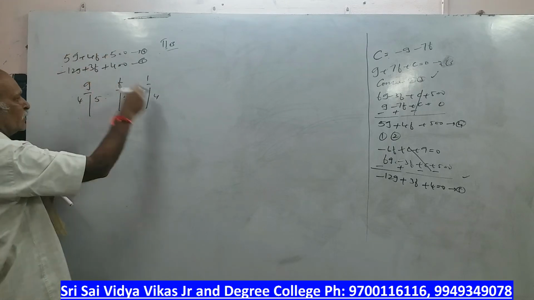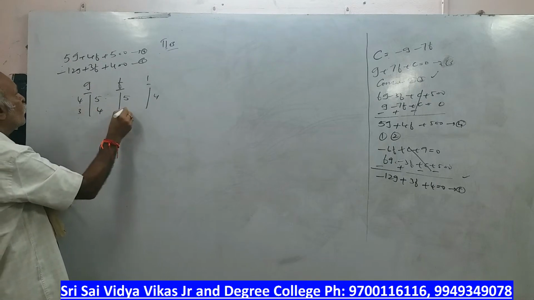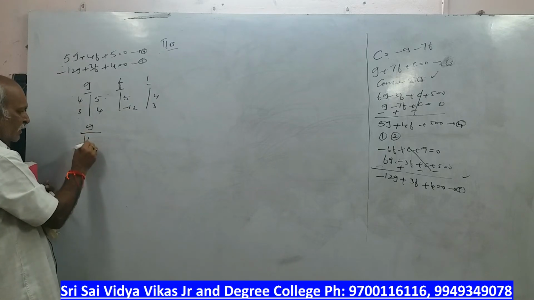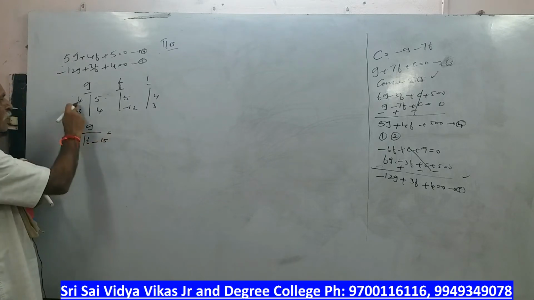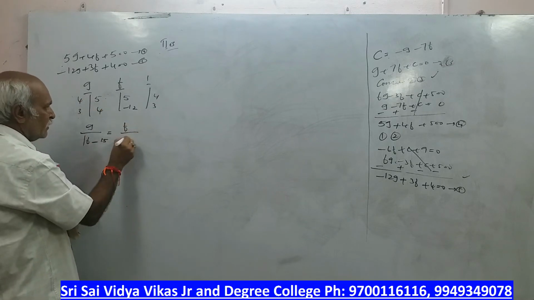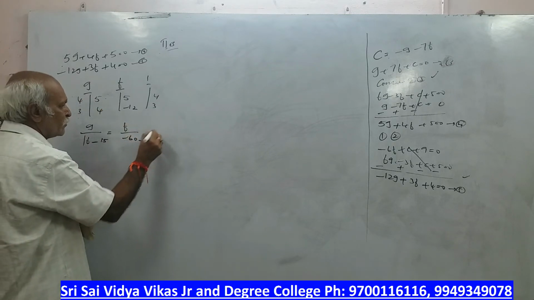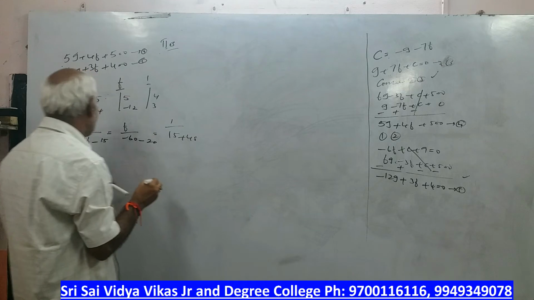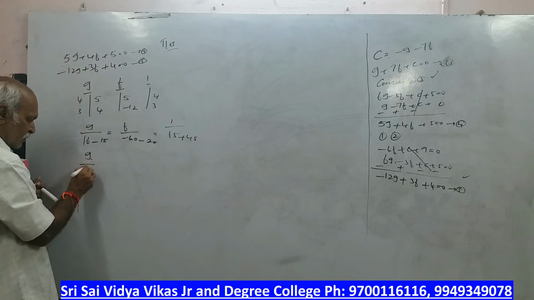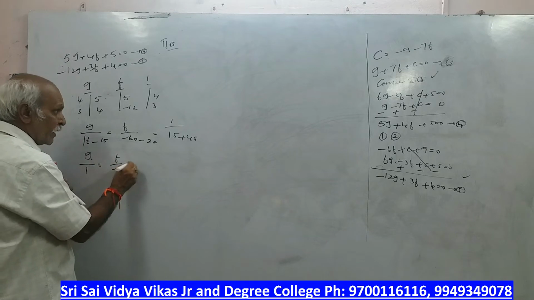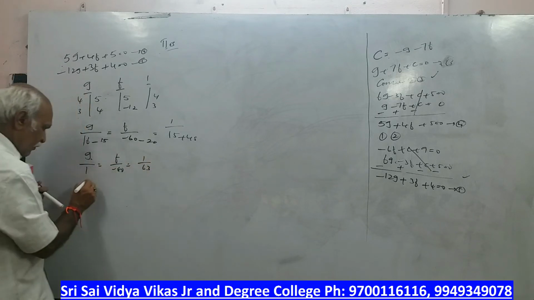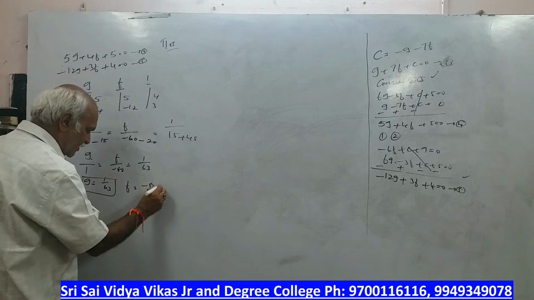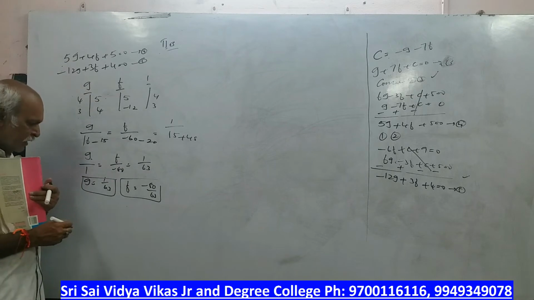Next one, 3, 4, minus 12, 3. So G by 16 minus 15, F by minus 60 minus 20, 1 by 15 plus 48. So G by 1 is equal to F by minus 80, equal to 1 by 63. So G value is 1 by 63, F value is minus 80 by 63. So we got the G value and F value.